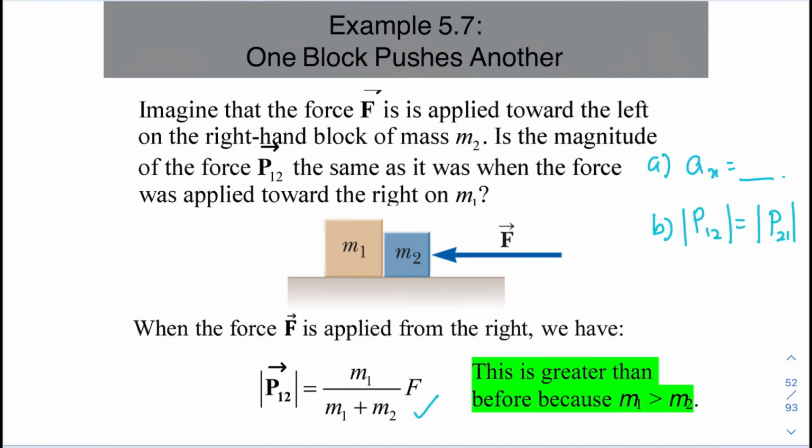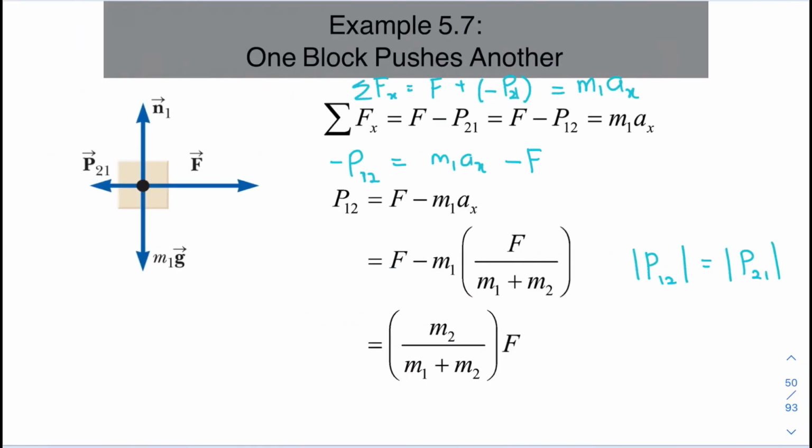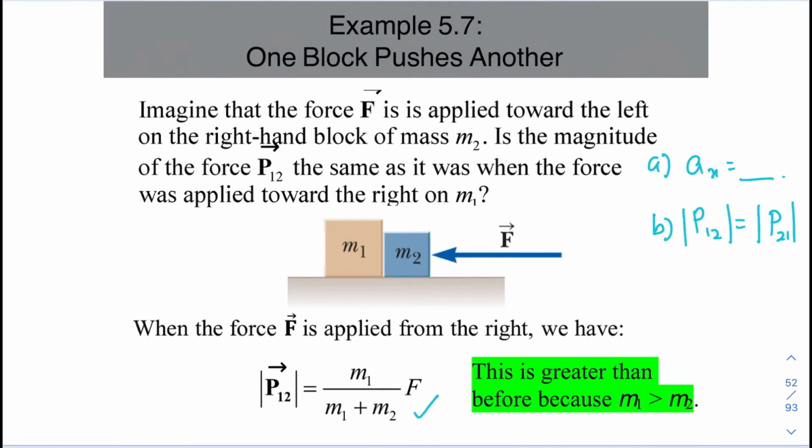When you have this answer, if you compare to the previous one, here this one is M2 over M1 plus M2, but for this case, it's M1 over M1 plus M2. Slightly different.